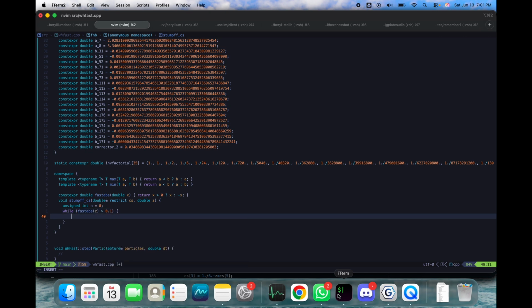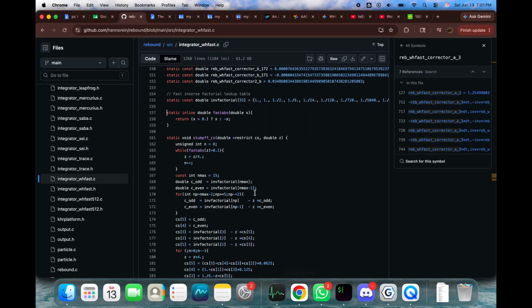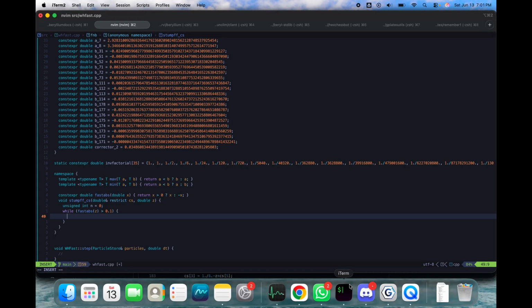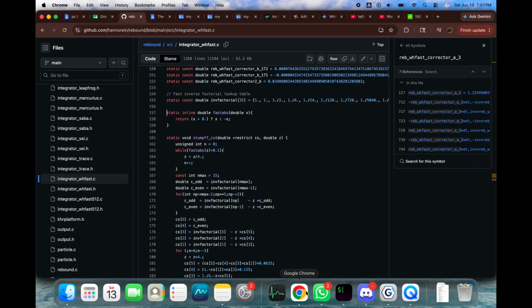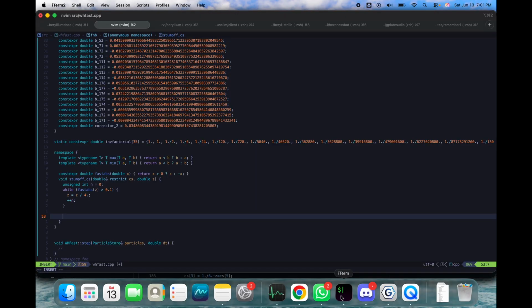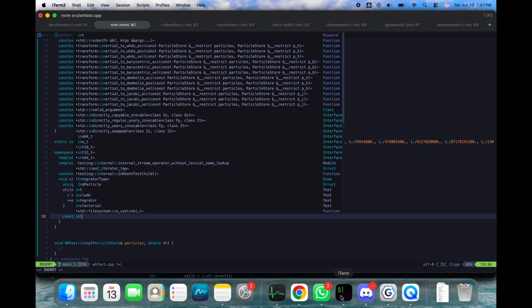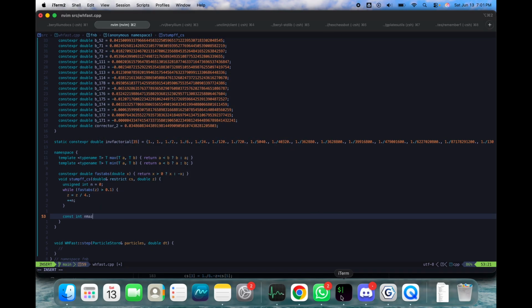I don't know what's happening. We say Z equals Z divided by 4, and we increment n. And so const int n max is equal to 15. Make that constexpr.